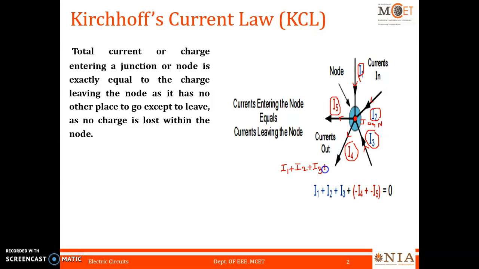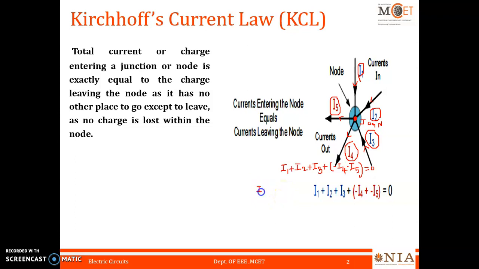So plus, minus I4, minus I5, which is equal to 0. From this equation, we state that the algebraic sum of incoming and outgoing currents is equal to 0.